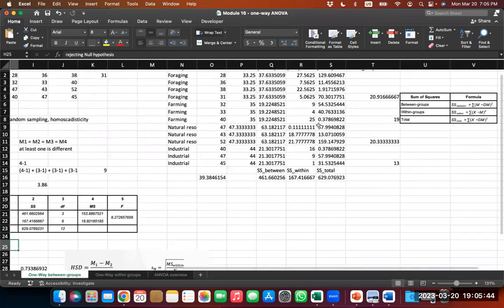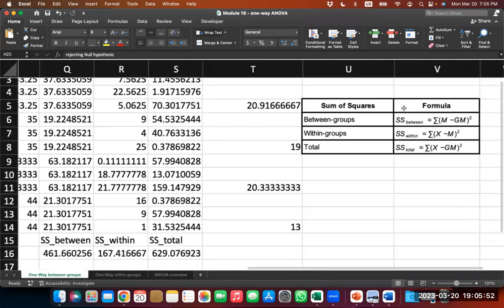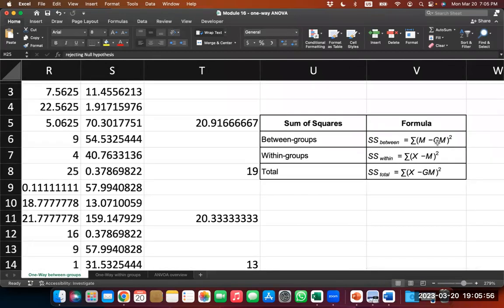Keep in mind how to calculate these respective sum of squares. The between group sum of squares is calculated as the individual group mean minus the grand mean. So that's the deviation of the individual group mean from the grand mean, calculated for each individual score to preserve the degrees of freedom.